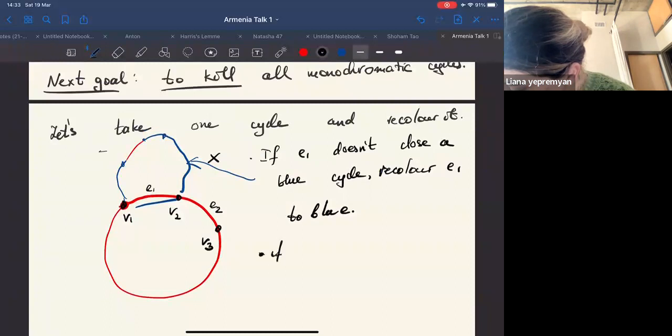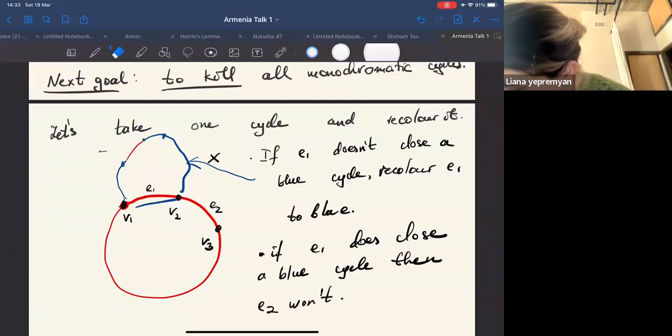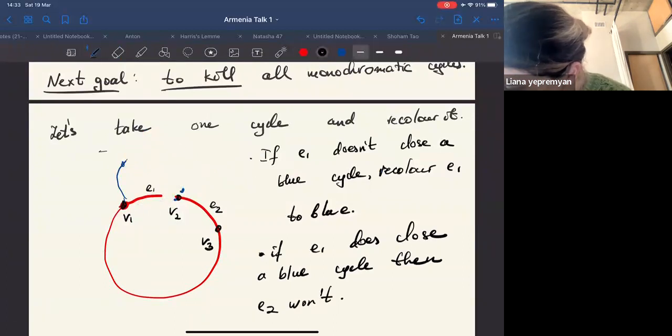However, note that if E1 does close a blue cycle, then E2 won't. Why is it? So imagine that indeed there is such a blue path going like this, sitting on E1.